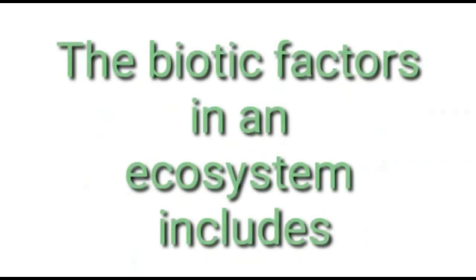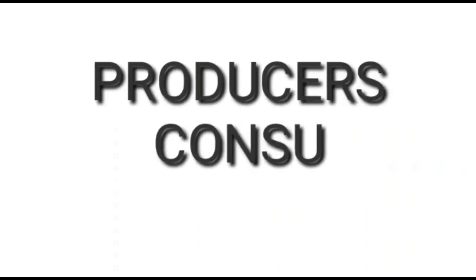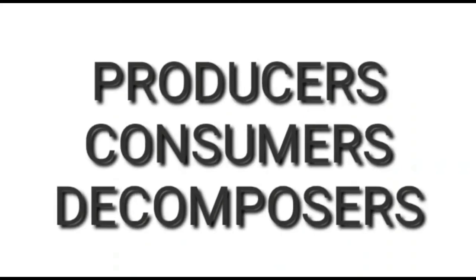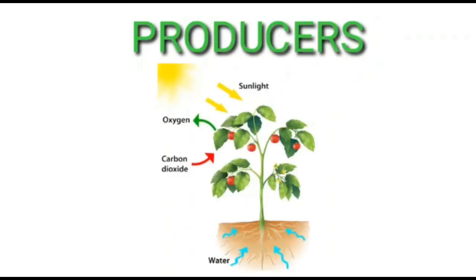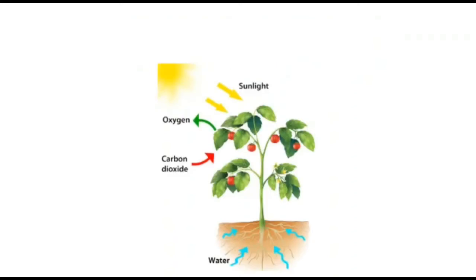The biotic factors in an ecosystem include producers, consumers, and decomposers. Producers: the living things that can prepare their own food are called producers.